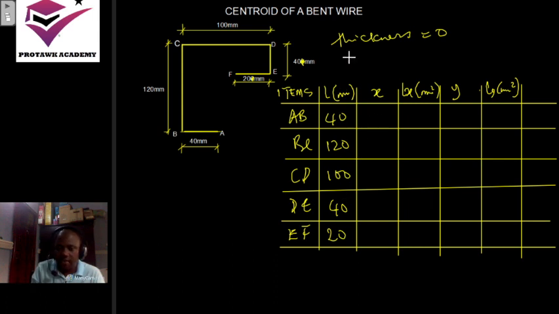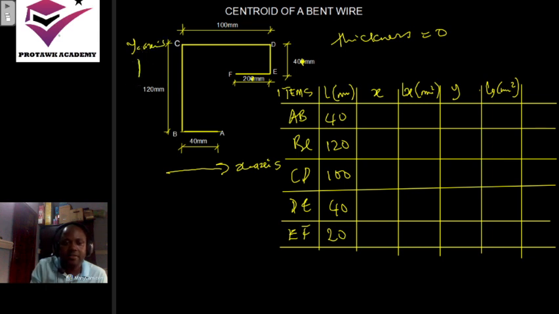We don't have any thickness, so no area will be involved. The next thing we need to consider is the centroidal distance of each member of the bent wire in the x-axis. This is the x-axis, and along this direction is the y-axis.